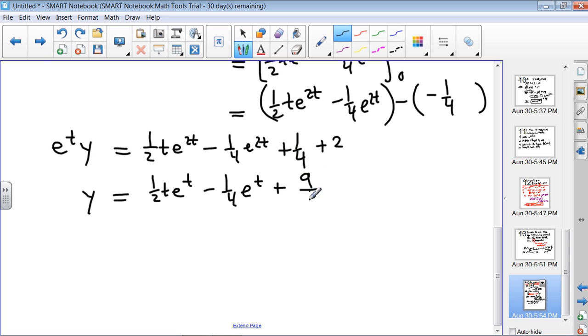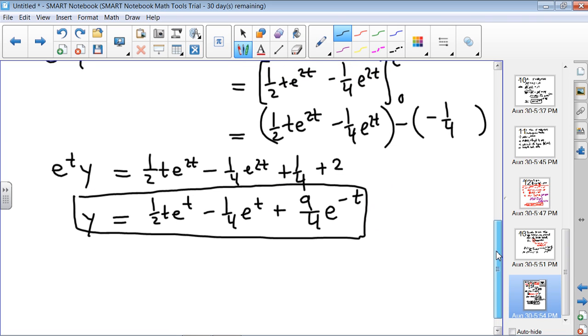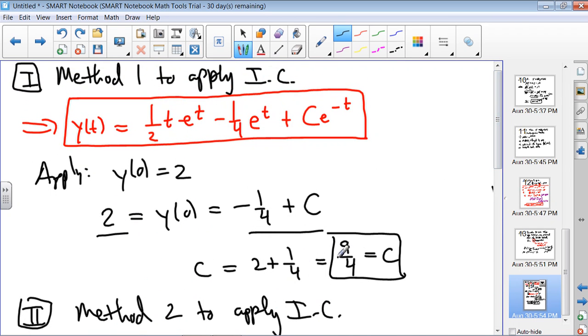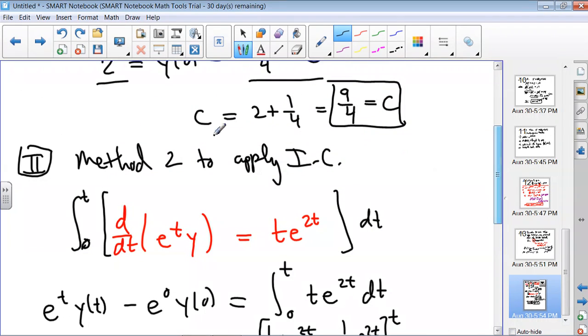And I divided by e to the t, so we get e to the minus t. We end up at the same solution that we had before, except it's just a different technique. We can compare this 9/4 e to the minus t to exactly what we got before, 9/4 e to the minus t.